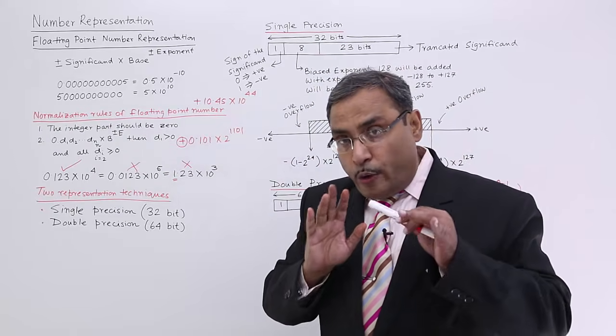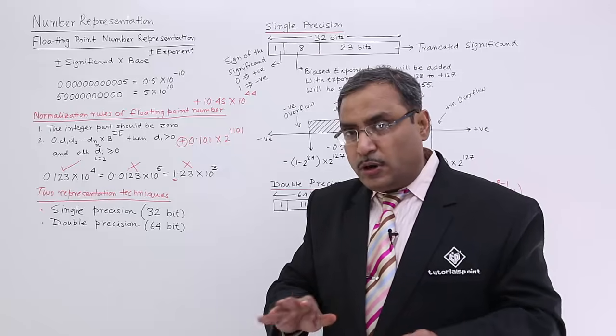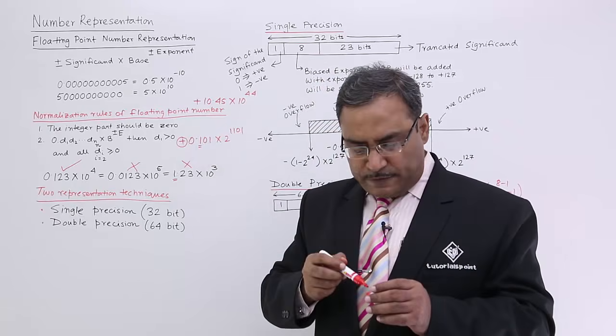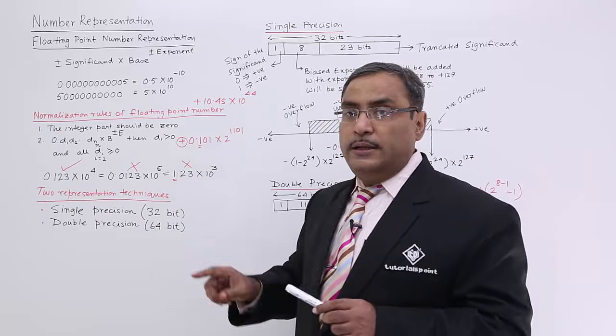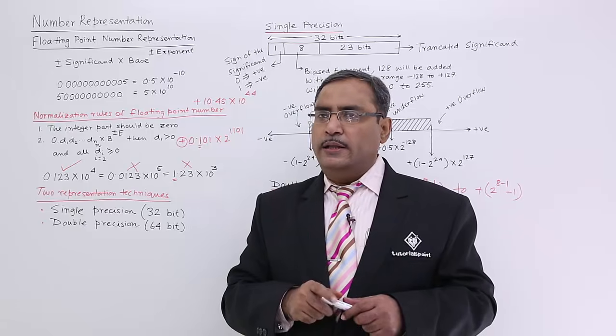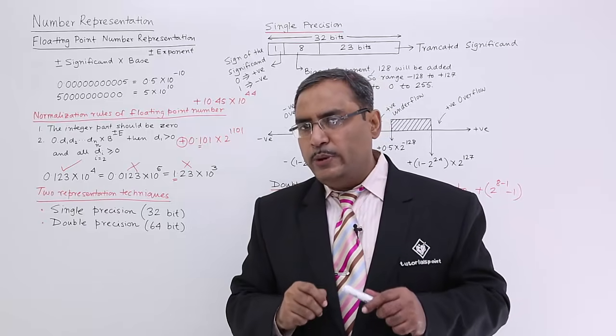Whenever a floating point number is normalized, after the radix point the bit will be 1. I think you should agree with me.